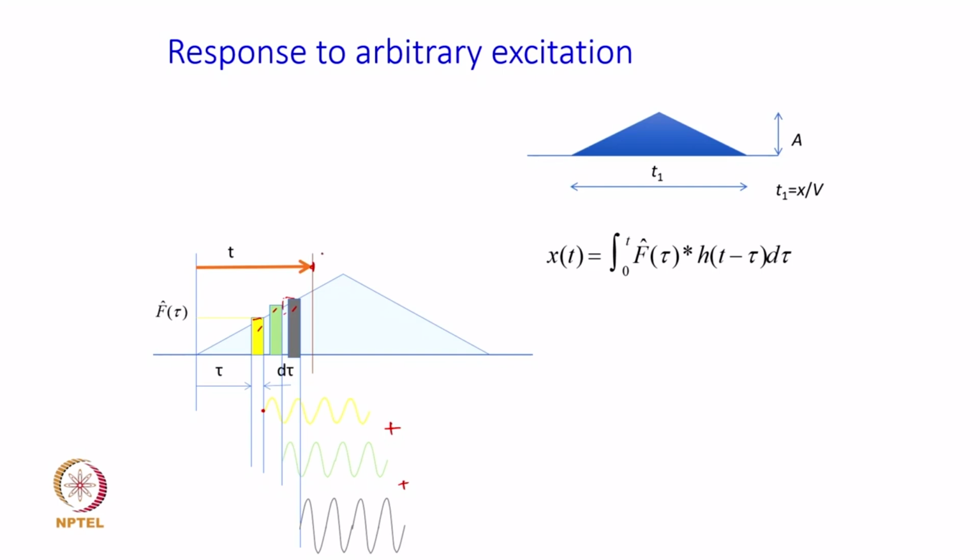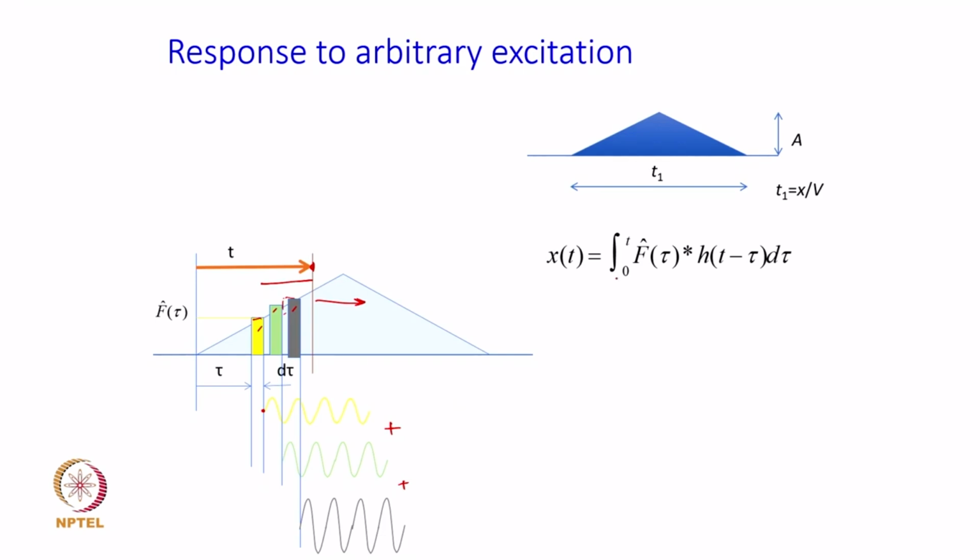Now, you would all agree that what happens after this has absolutely no relevance to the response at time t, because this has not yet been applied. So, all the impulses that occur before this are the only ones that will be added up, or will contribute to the response.